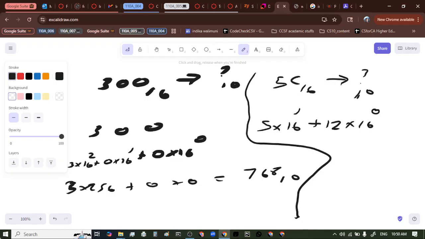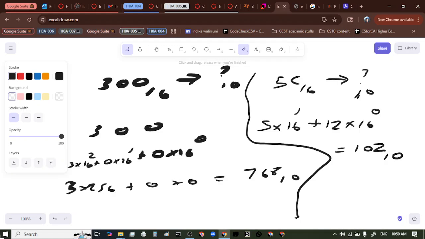So this is 102, base 10. Is that correct? 16 times 5 is 90, and then plus 12.